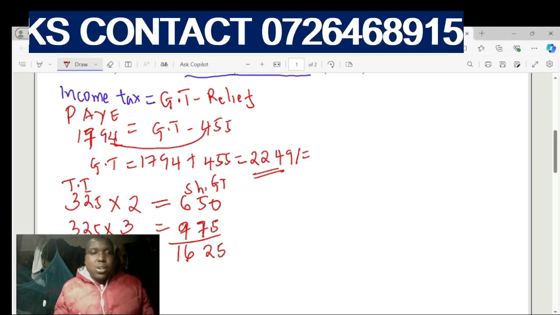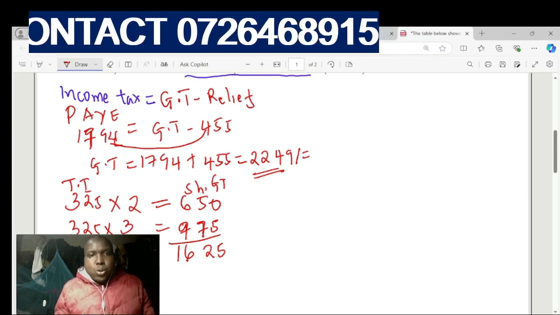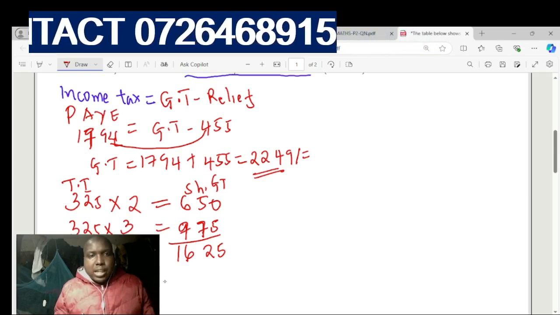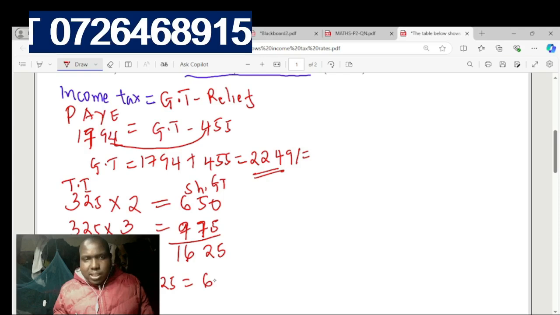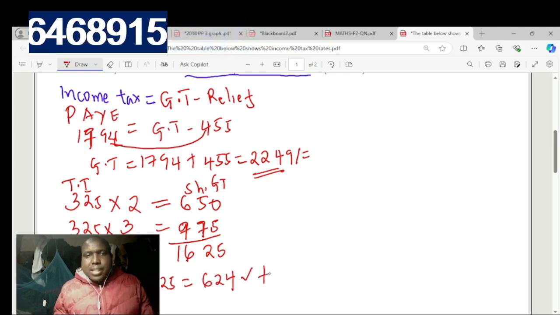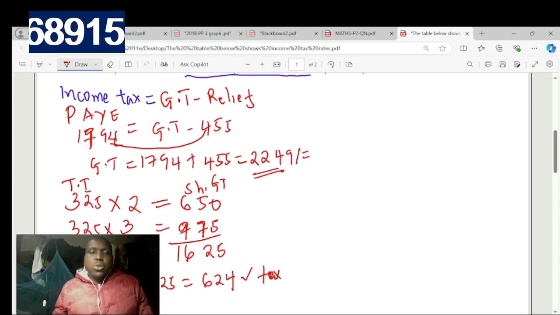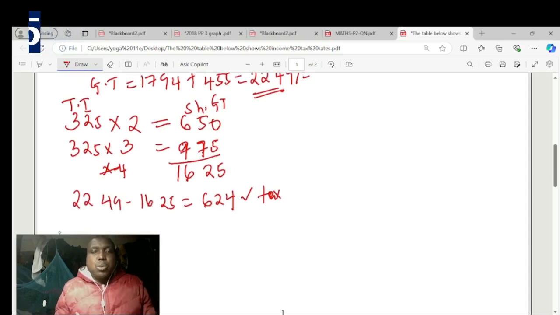Now the remainder is 2249 minus 1625, which is 624. This is the tax that remains. We want to know how much amount gave us this tax. So x times 4, that is the next slab, will give us 624.